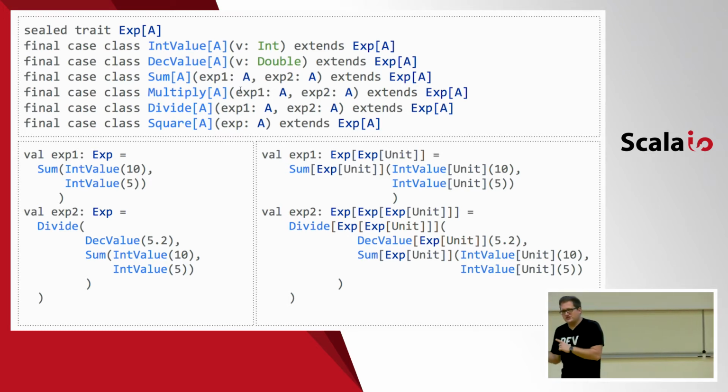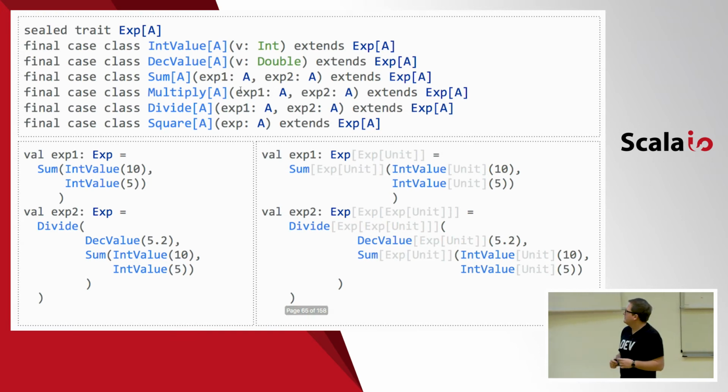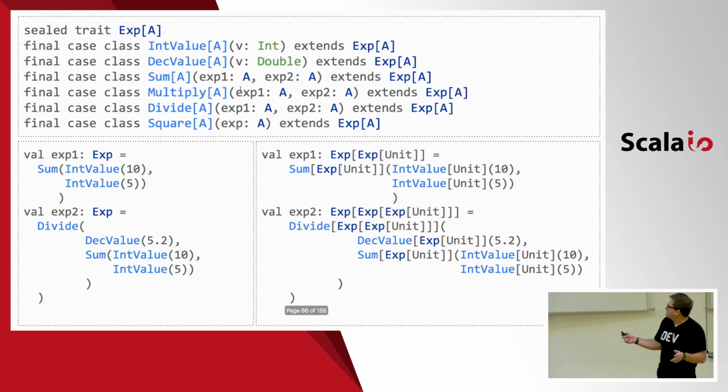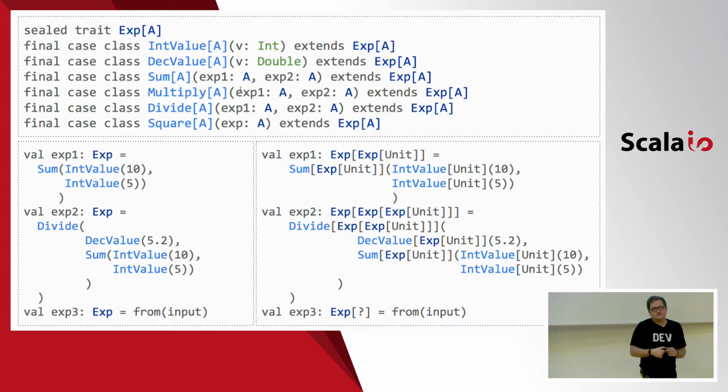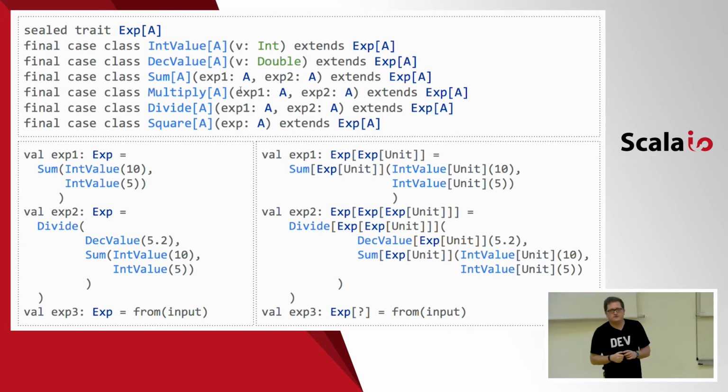If you think this is stupid, then think about this example. If you're used to being a Java developer, you sort of deal with boilerplate, I get it, but think about this example. What happens if I have a function that parses some string and should give me an expression back?